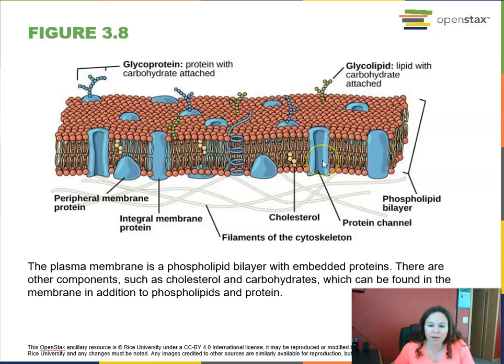That we'll be talking about in our next section next week. And these little orange or yellowish things, those are cholesterol. Those help to make the cell membrane a little more flexible, especially if you live in a cold environment. So all of this together makes the fluid mosaic model that makes up a cell membrane.